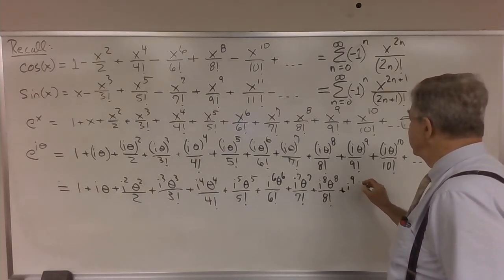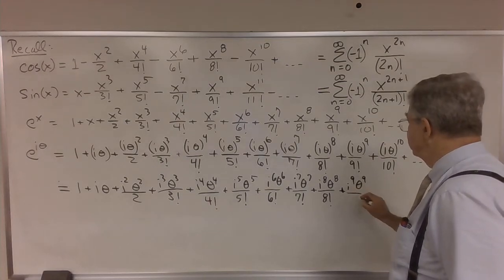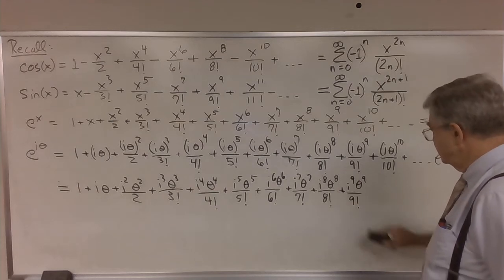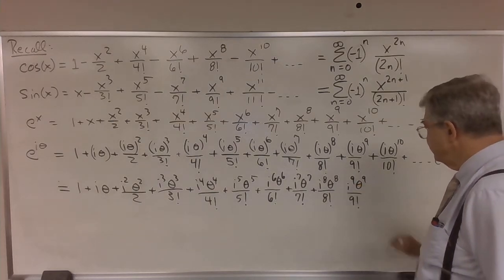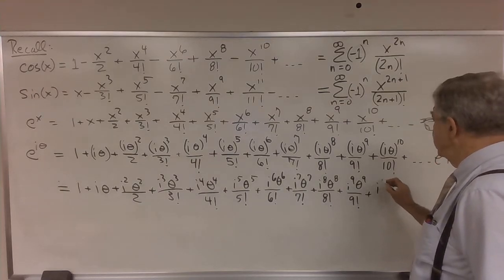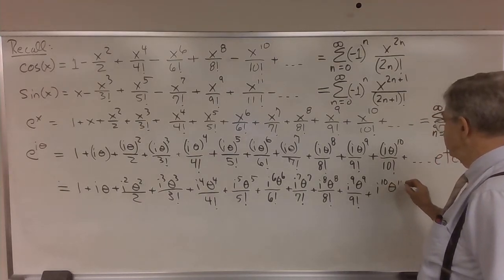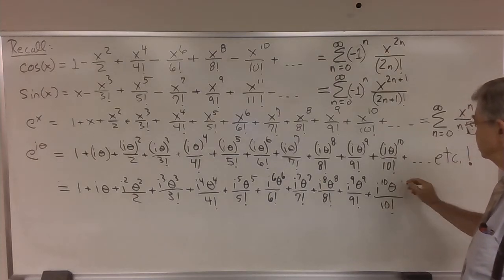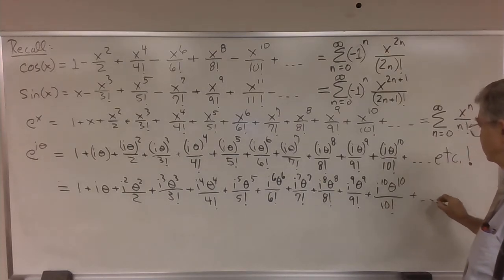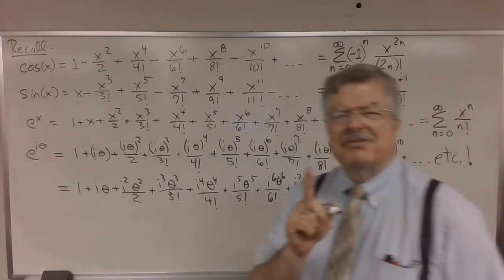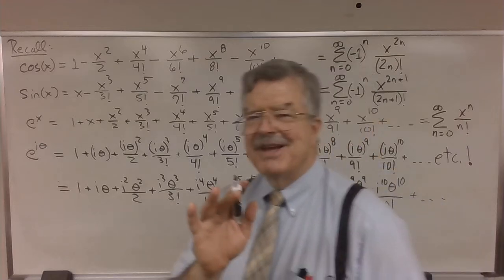Plus i to the 9th theta to the 9th over 9 factorial. And then i to the 10th theta to the 10th over 10 factorial. Believe it or not, there's a reason why I'm carrying this out so far.